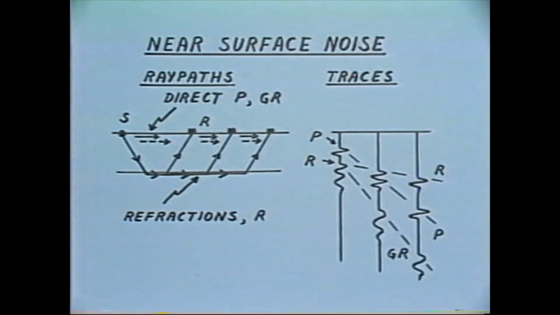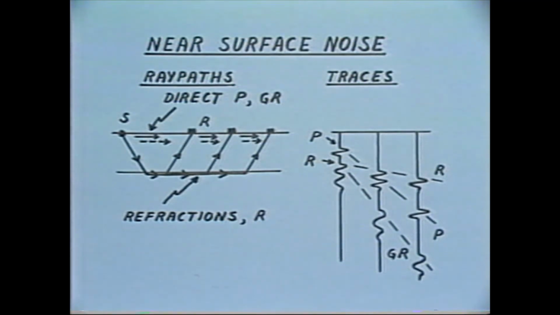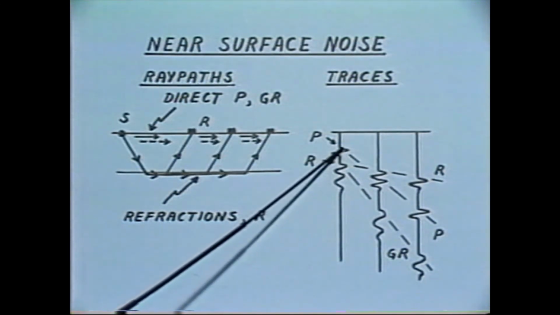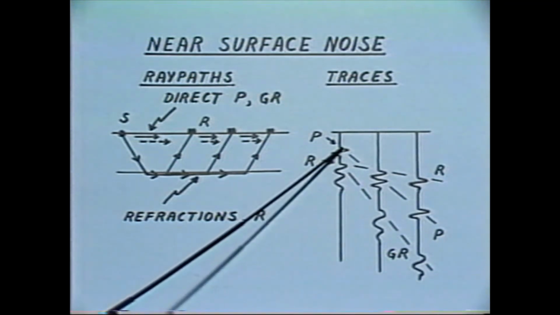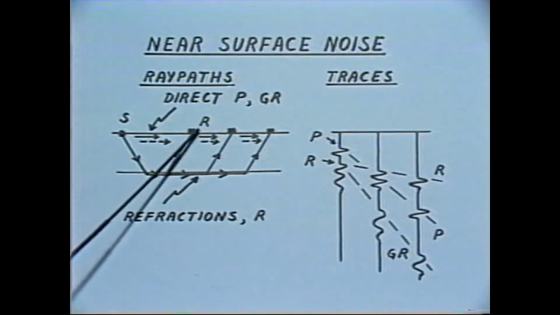Now, if we look at the arrival times of these different forms of near-surface energy on a series of receivers laid out on the surface, we'll see they form a certain pattern on those traces. The direct traveling P-wave energy, which is the fastest mode of travel, of course arrives first, at least on the nearer traces on the record, and it obviously takes about the same amount of time to travel between each of the receivers if they're laid out at equal distances apart, as they usually are.